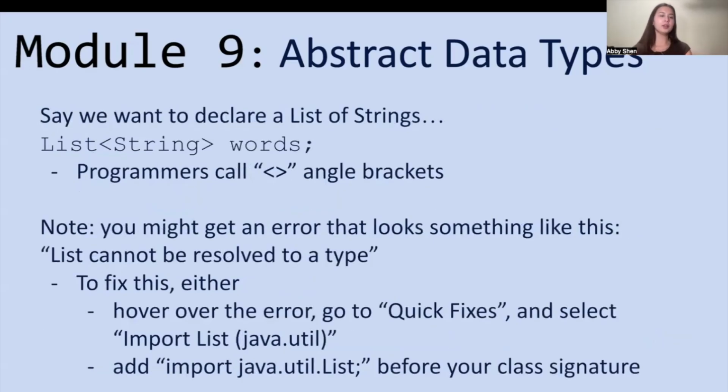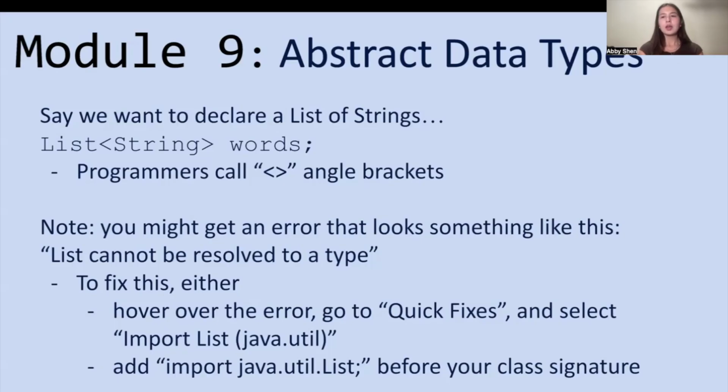As an example, let's say we want to declare a list of strings. Here's the syntax for how we would do that. We'd have List, and then in angle brackets, which is the less than symbol and then the greater than symbol, we would put String as the data type we're storing in the list. And then we'd give our list a name, in this case, words. Like I mentioned, those are angle brackets, and that's what you'll see a lot for these abstract data types.